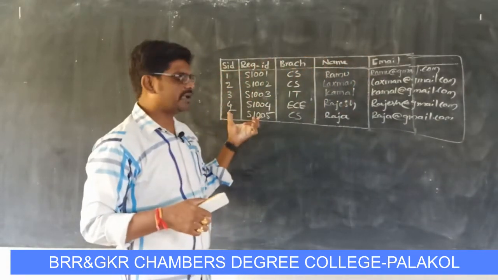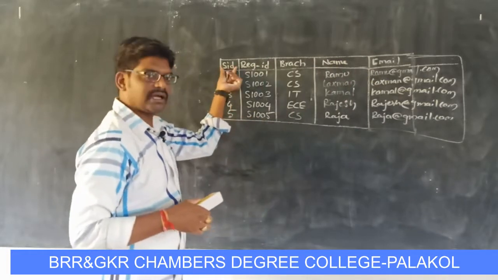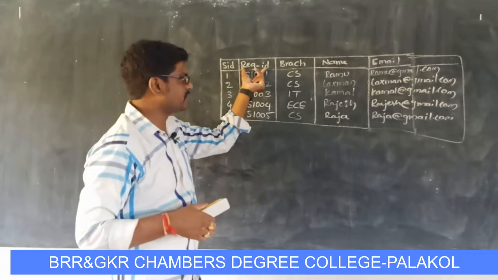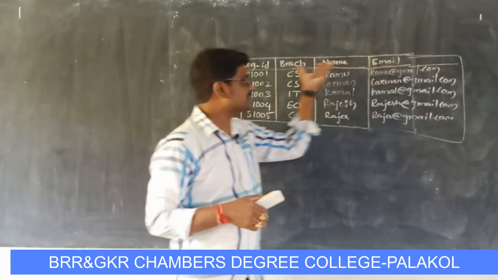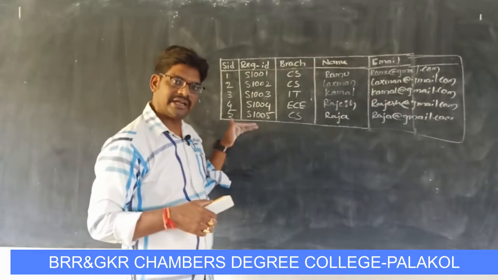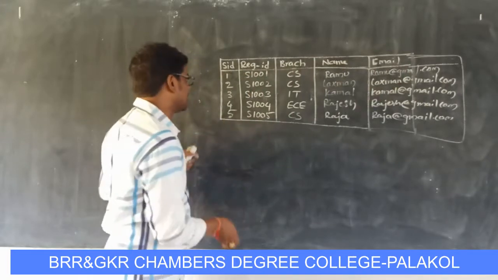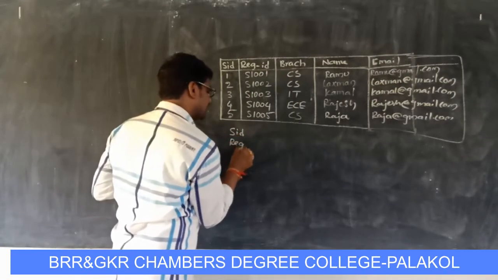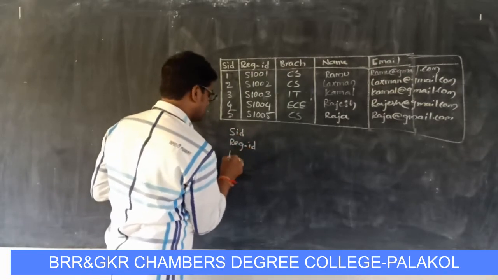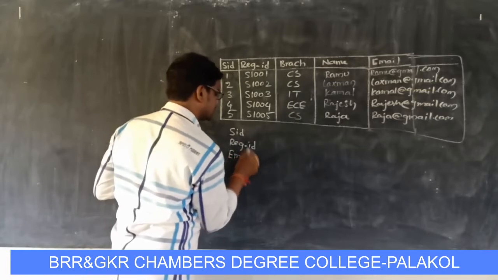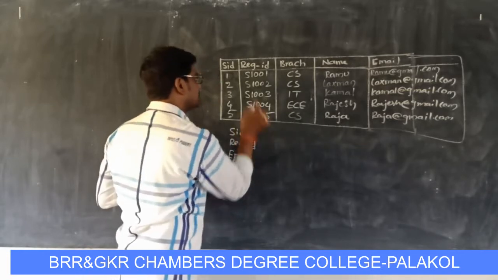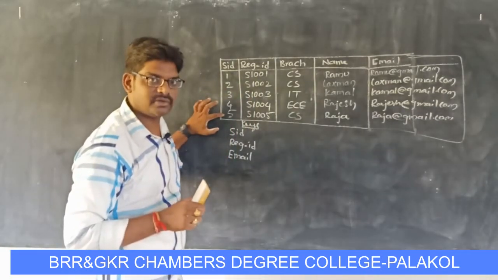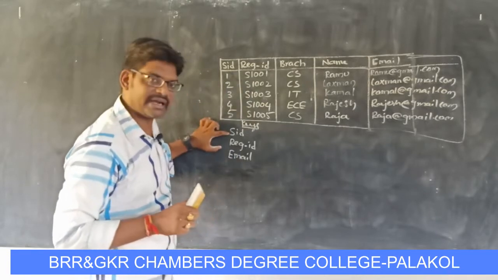Observe clearly that student ID, registered number and email, these three are the keys in this table. All the student IDs are unique numbers, so I take them as keys.